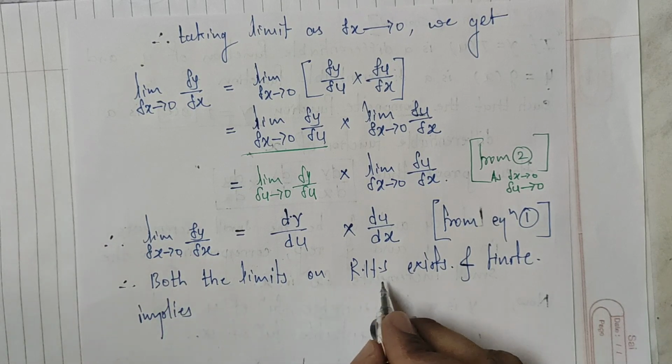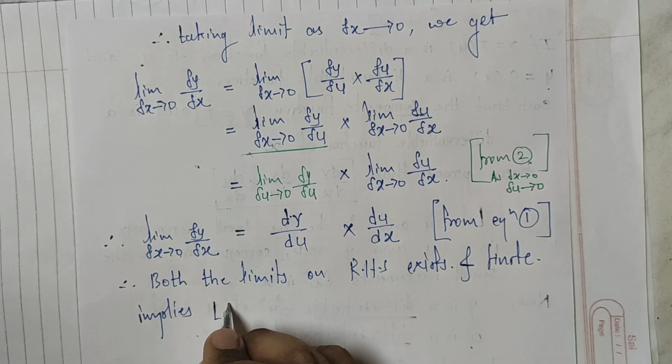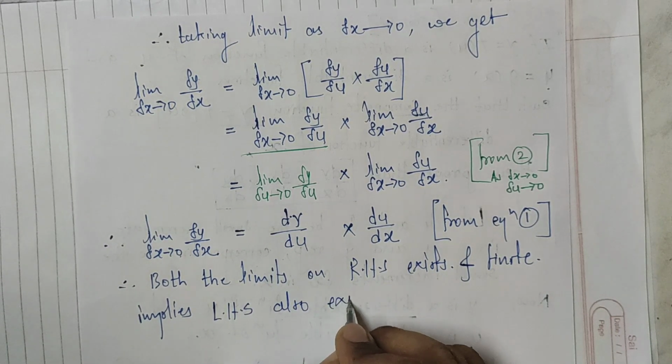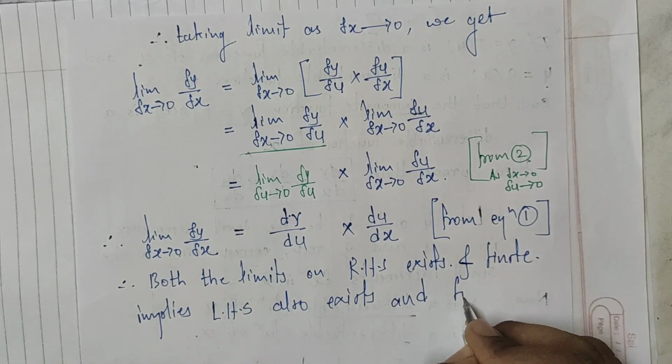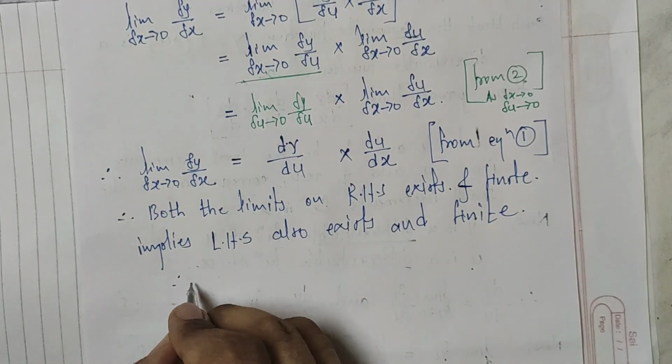If RHS exists and is finite, then it implies LHS also exists and is finite. Therefore what we get?